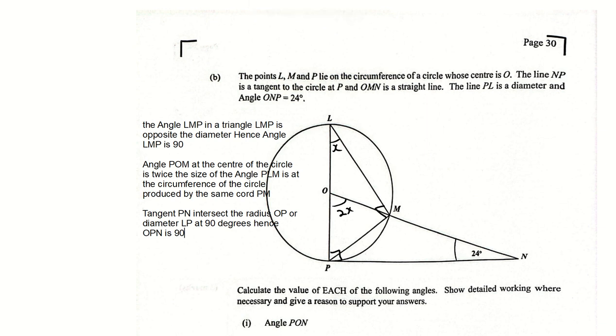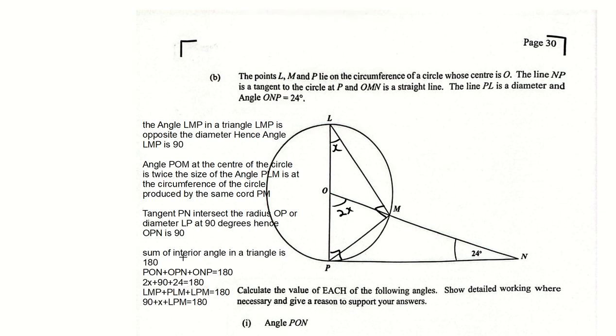We also know that the sum of interior angles in a triangle is 180 degrees. So therefore, this would be 180 and also this would be 180.